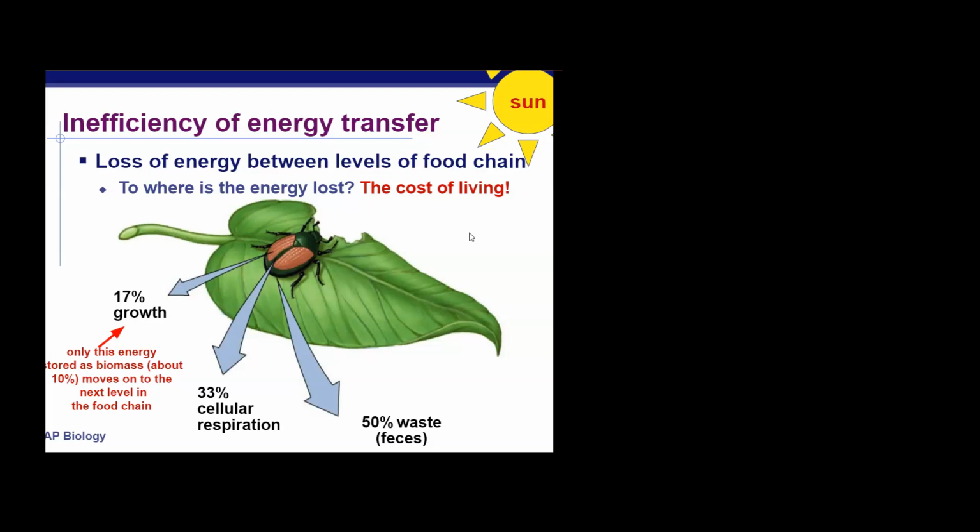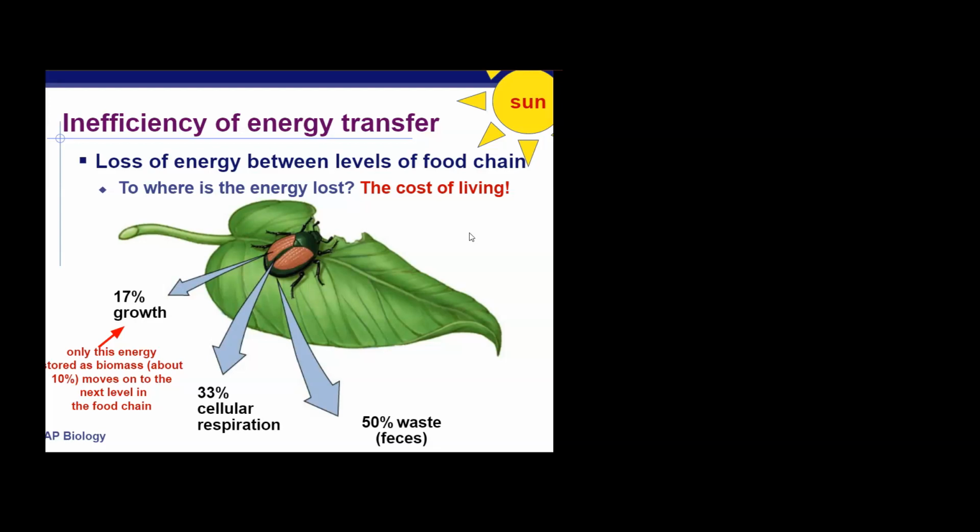So 50% is estimated to be lost in that way. That digestion process really is not that efficient because there is a lot of energy still remaining in the waste products. There's also, of course, the energy that's lost through cellular respiration.